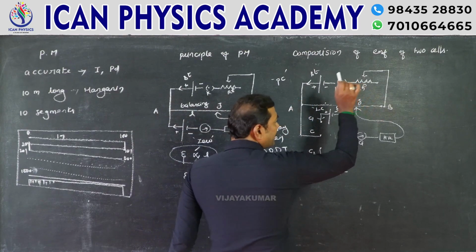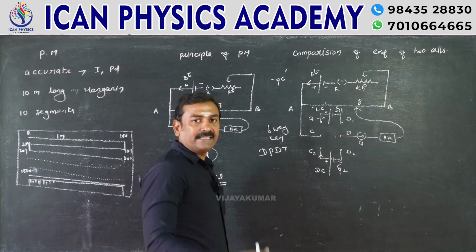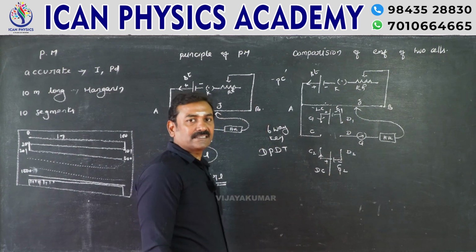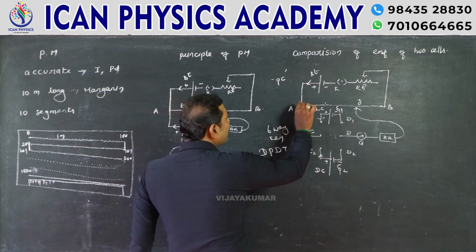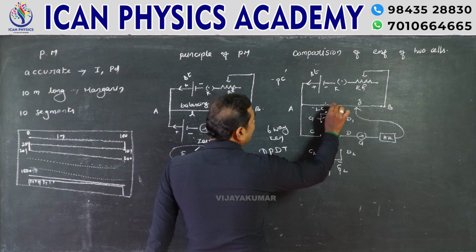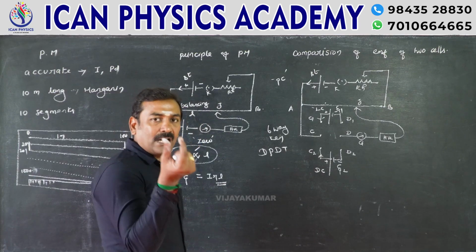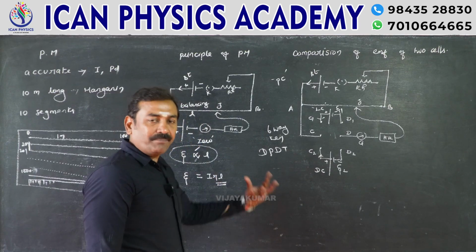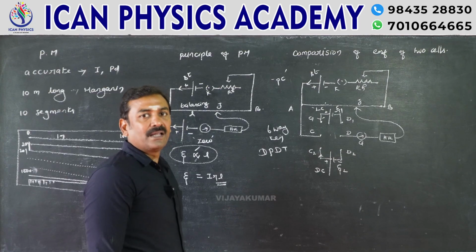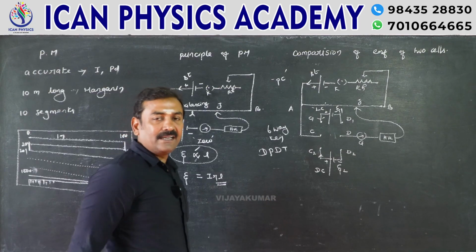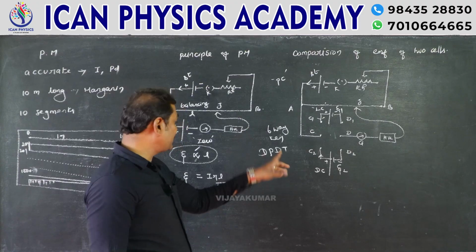When it is touched nearby B, it shows a right side deflection. Then our connection is correct. When the jockey is moving along the 10 meter long magnetic wire, at one particular point, it shows zero deflection. Then that length is called the balancing length of the first cell.